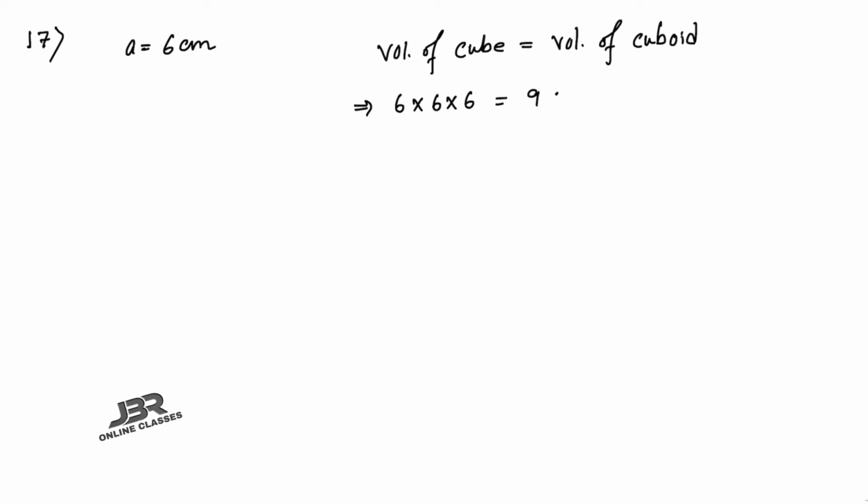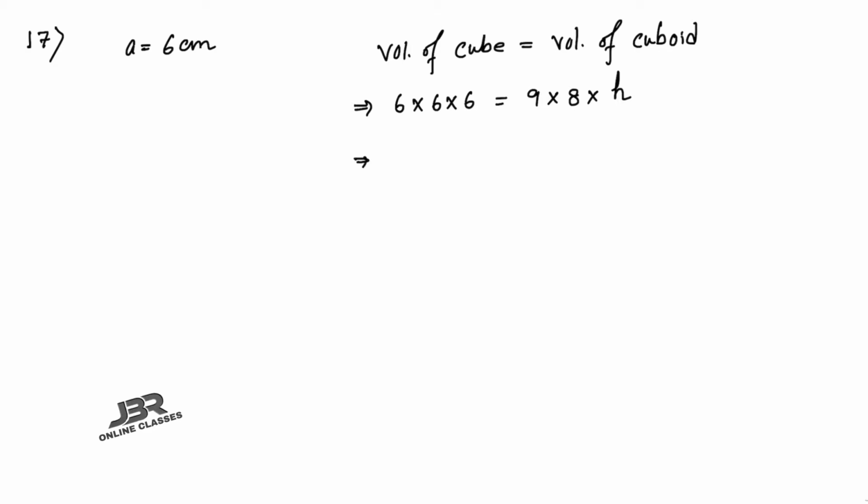So as here the cube is melted into a cuboid, that means the relation between the cube and the cuboid, here the volume will be equal. So here volume of cube is equal to volume of cuboid. Now here the formula to find out the volume, that is 6 into 6 into 6 as cube, and for the cuboid here length equal to 9, breadth equal to 8, and let the height equal to h.